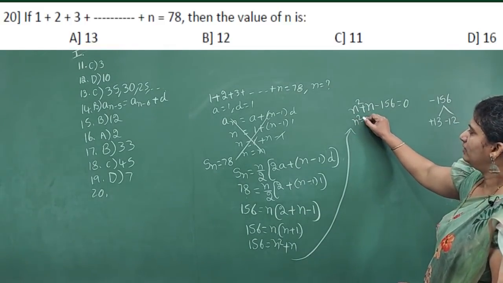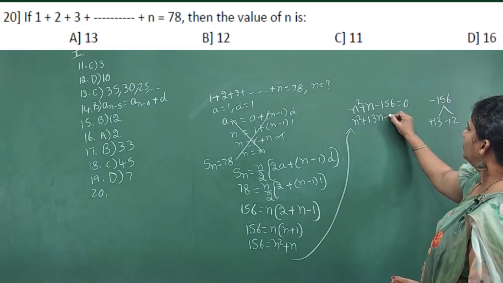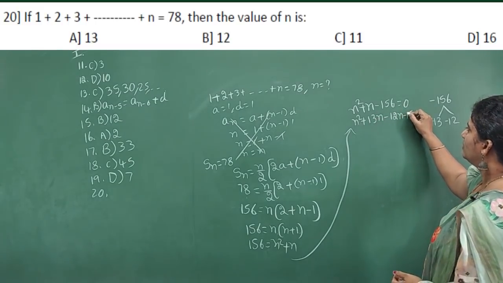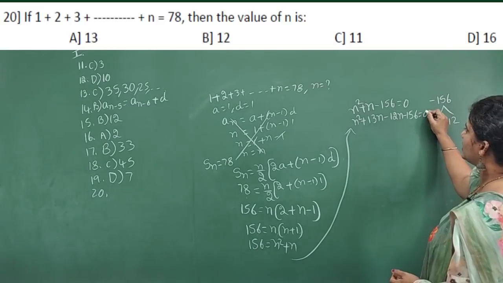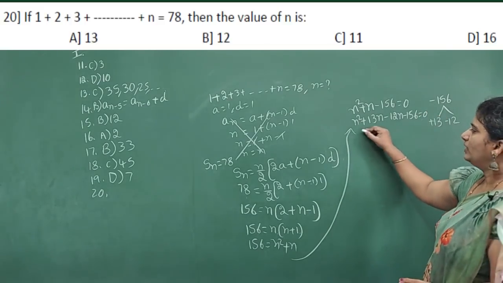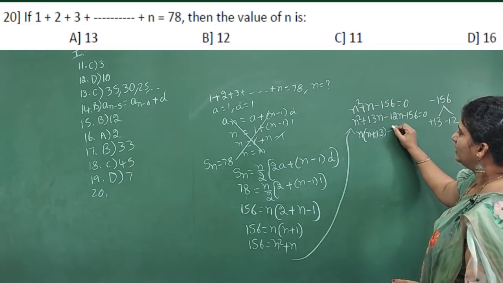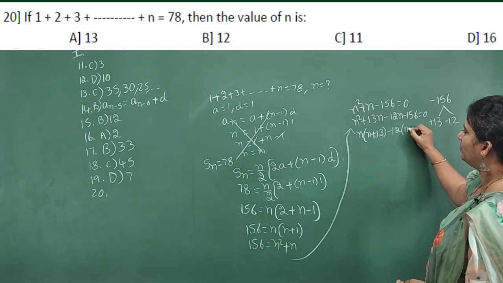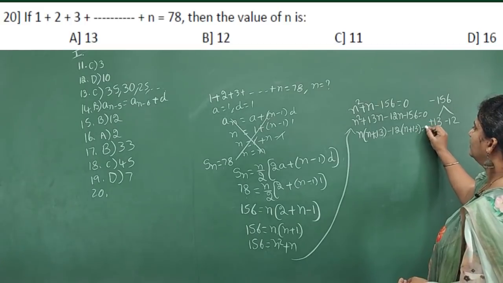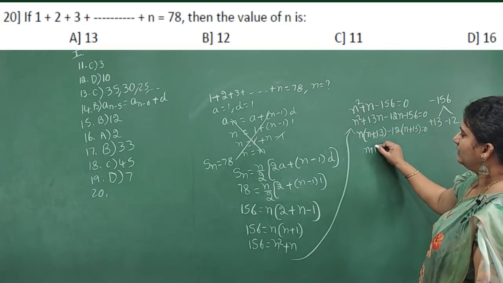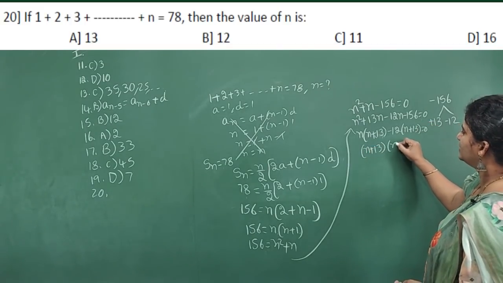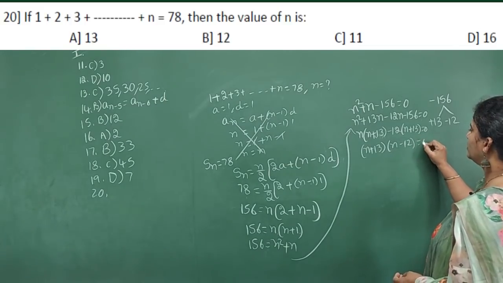N square plus 13n minus 12n minus 156 is equal to 0. Take out common. N is common. N plus 13 minus 12 into n plus 13. N plus 13 into n minus 12 is equal to 0.